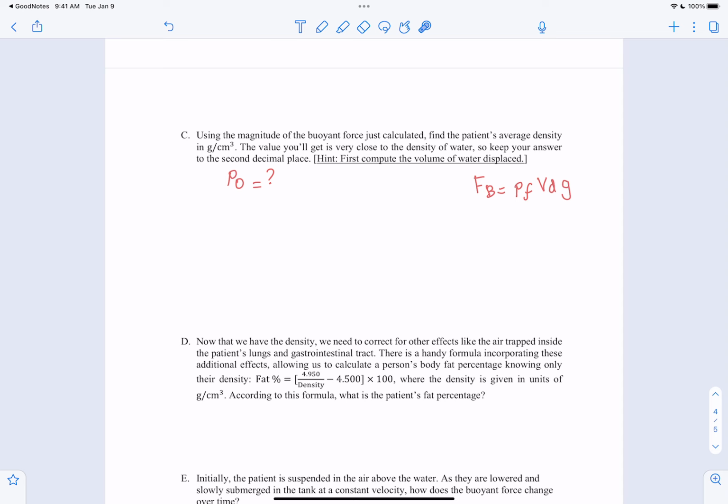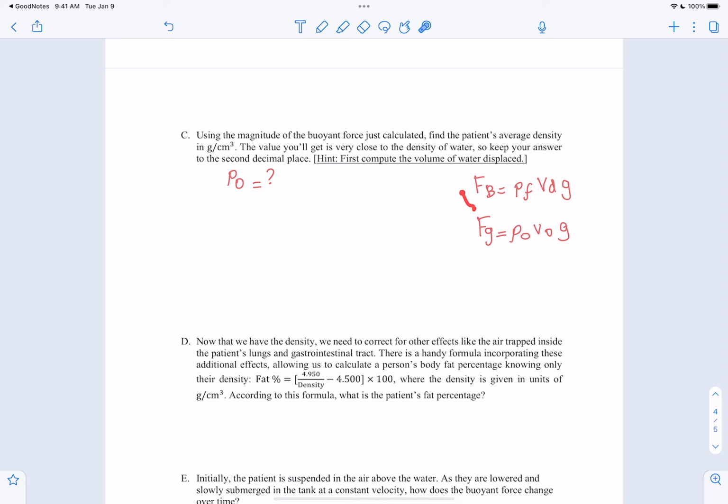Because the force of gravity gives you the density of the object times the volume of the object times gravity. And if you have density of the object, that's mass of the object divided by volume of object, times the volume of object. Those cancel out, and you're left with mass times gravity, which is your force of gravity. Does that make sense, that relationship?